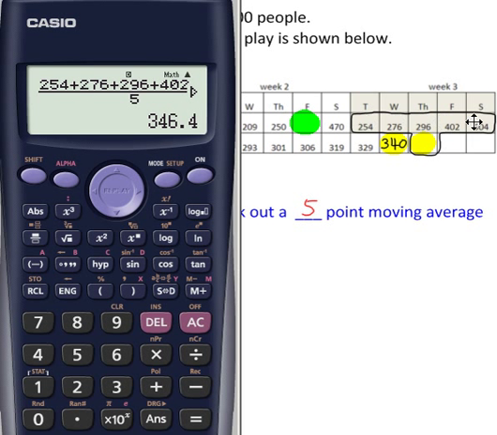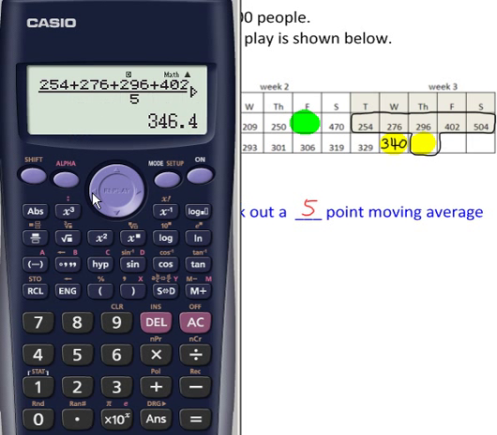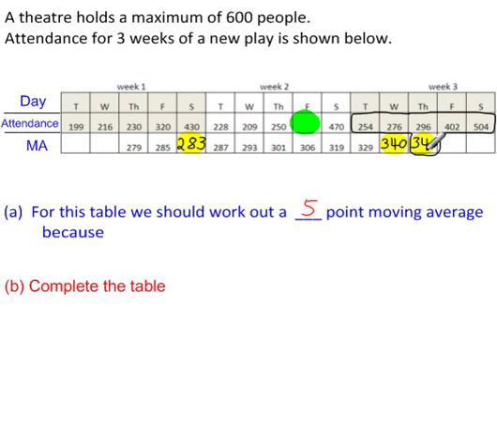And the last moving average value here, again, if we add up the data values, these 5 here, all the way up to 504, divide by 5, it's a 5-point moving average, so that gives 346. Okay, that's the moving average values calculated.